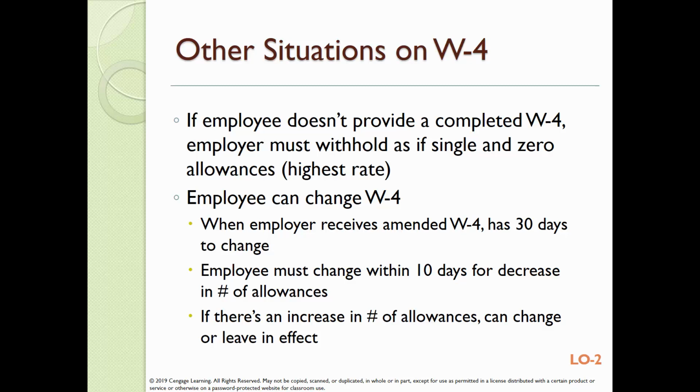If your number of allowances go down, you've only got 10 days by law to change your W-4. If you lose custody of a kid, or if they quit college and you can't take them as a dependent anymore, you've only got 10 days to change that.